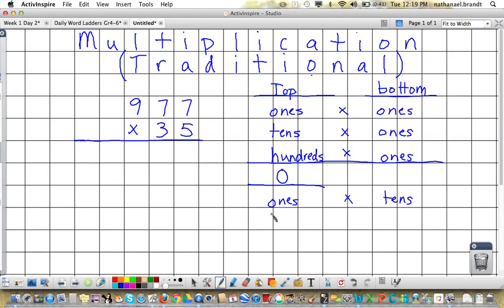And then we're going to do the tens place in the top number times the tens place in the bottom number. And again, on this number, we'll go out to the hundreds place of the top number times the tens place in the bottom number.